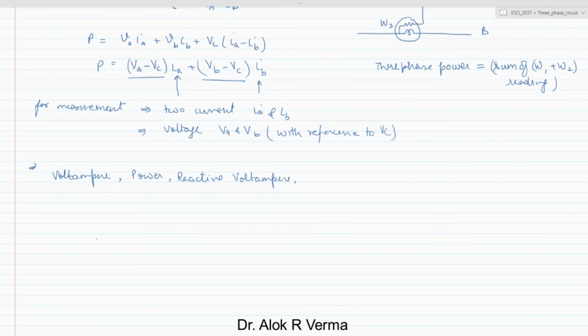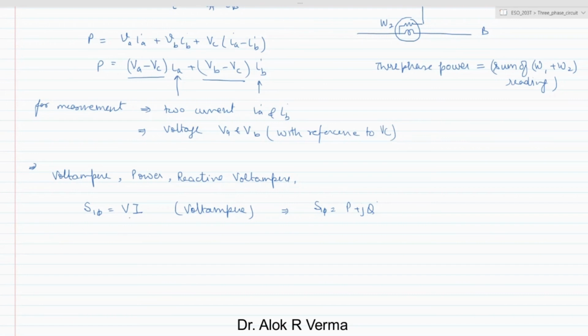We know that in a single phase circuit, S is nothing but V and I, the product of these two, which is your volt amperes, with a phase angle of phi. S single phase can be written as P plus jQ, where P is the real component and Q is the reactive volt ampere. So real power plus reactive power is equal to the complex or apparent power.